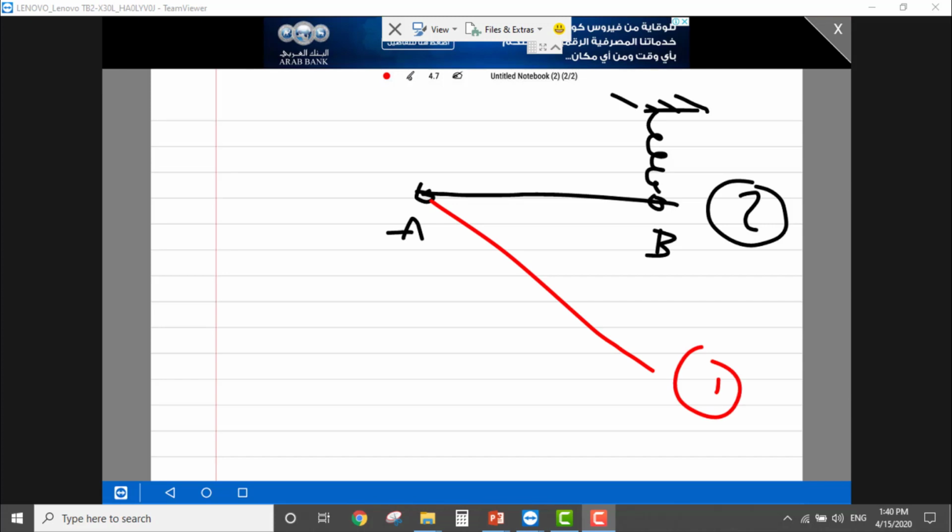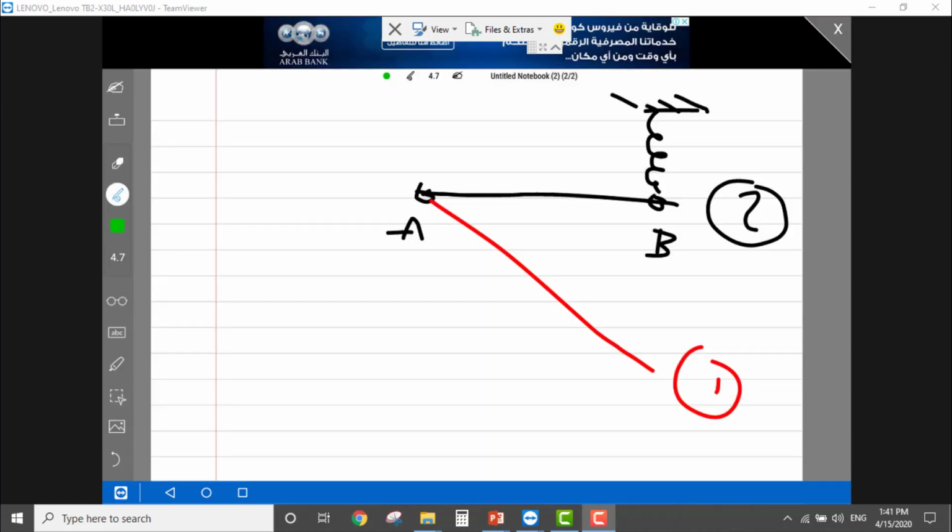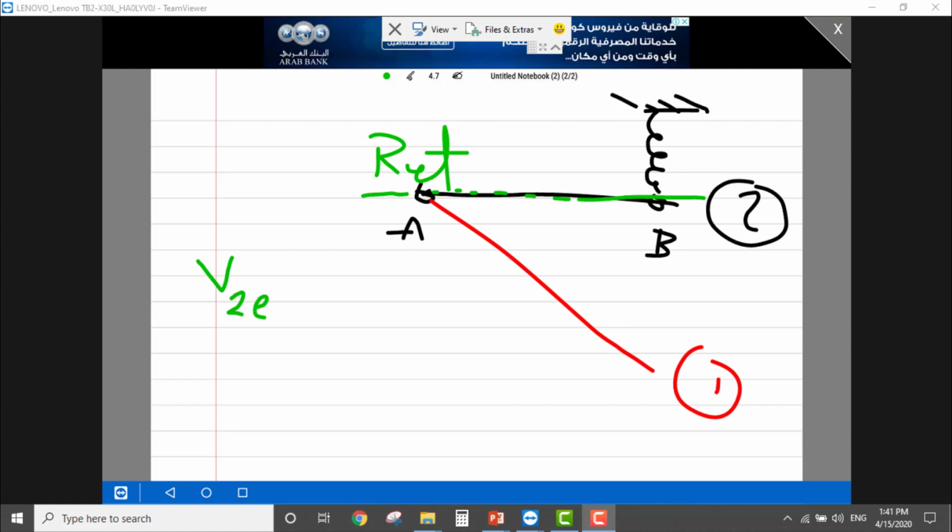Okay, I'll choose the reference. What do you think? Which is the best? I think the best is to choose our reference in here. This is our reference. So V2 elastic is equal to half K S2 squared. But we mentioned that this spring is unstretched when theta equal to 0, so this term will go to 0.